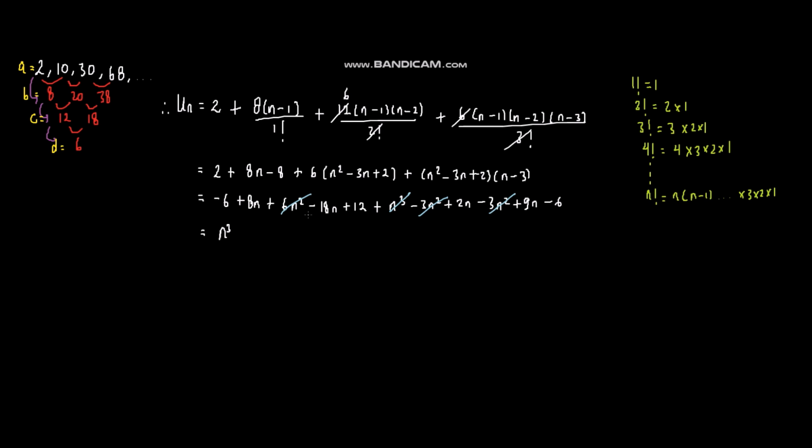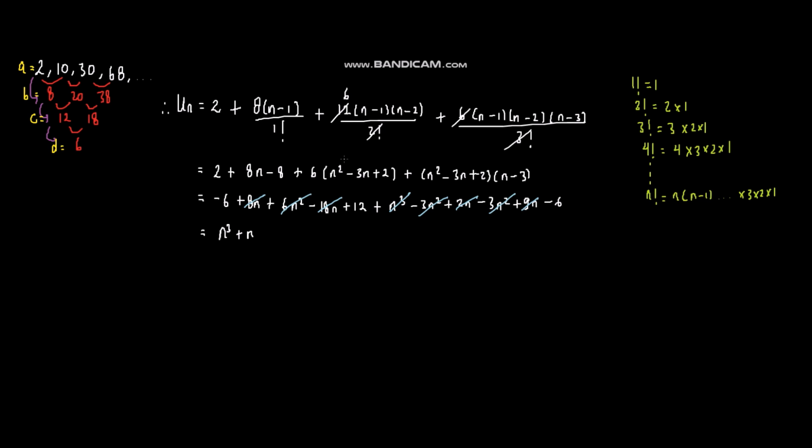For the n's, 8n minus 18n is minus 10n, plus 2n minus 8n. Oh, okay, minus 8n plus 9n. My bad. I thought they cancel completely. So minus 8n plus 9n is just n, right?